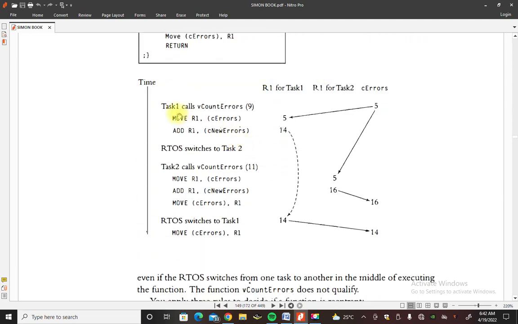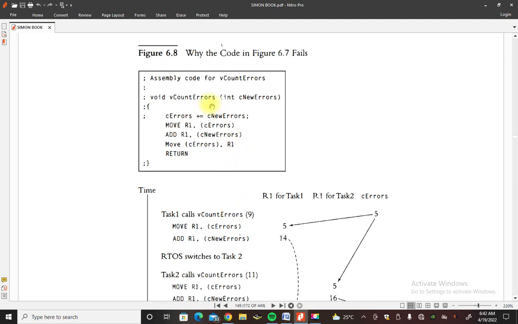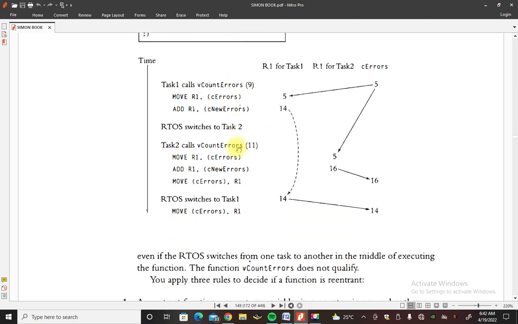This is the C program that we have written, and whenever the interrupt comes here, there is a possibility of error. Why? Because a single C statement may translate into several assembly language instructions, and if the interrupt happens in between those assembly instructions, there is a possibility of the shared data problem. That was explained very clearly, just like how we discussed the shared data problem in the 8051 code.